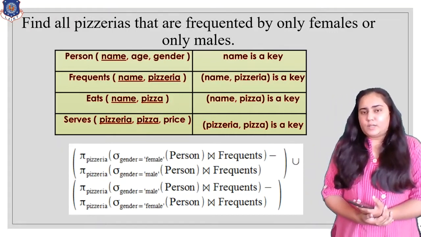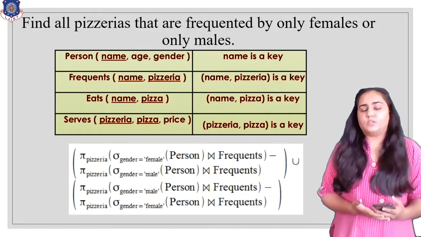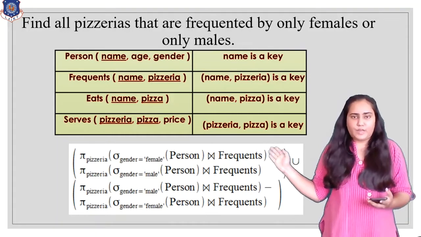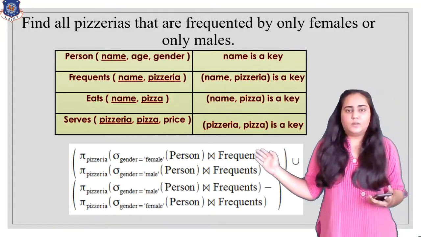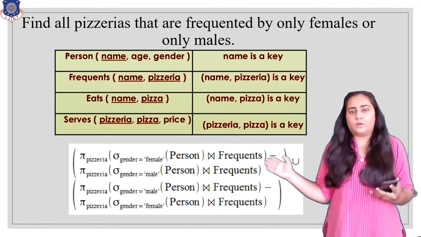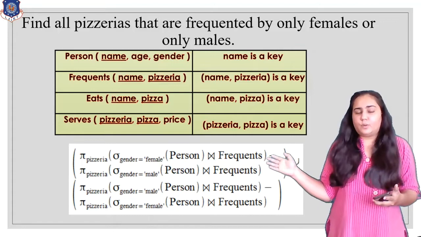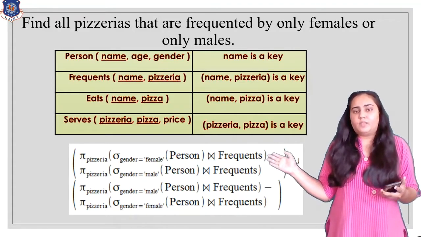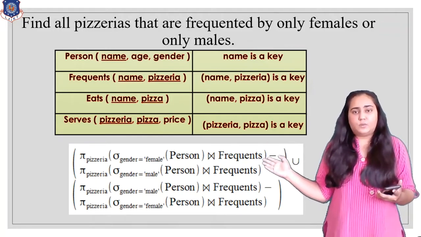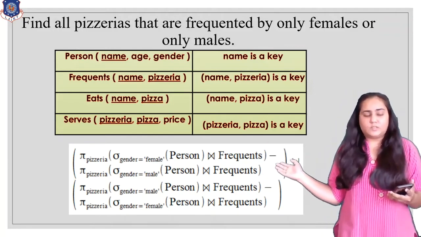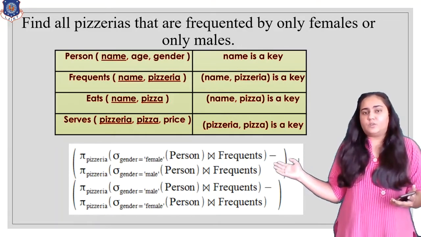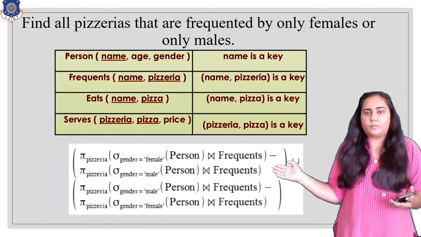Let's try to understand this once again, just a recap. The first query fetches for me all the pizzerias where females are going. That does not mean that in those pizzerias males are not going. But then from the first query, I am subtracting the names of all the pizzerias where males are going. So using the first two queries and the subtraction, which is the set difference, I am ensuring that I get only those pizzerias where only females are going.